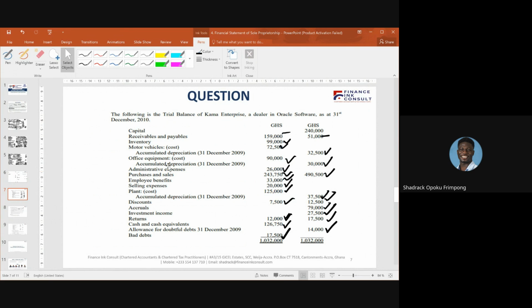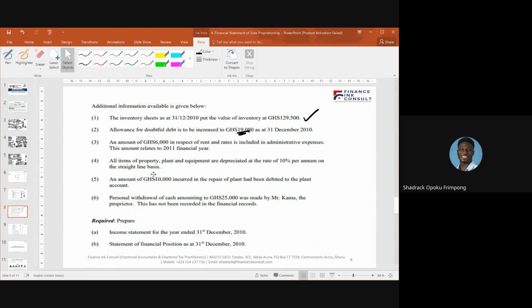The examiner is saying that 6,000 relates to what? Rent and rate, which is what? 2011. Now you are preparing the financial statement for the year 2010. So it means we have what? We have some prepayment, or payment made in advance. Are we getting it? Are we catching the clues now?